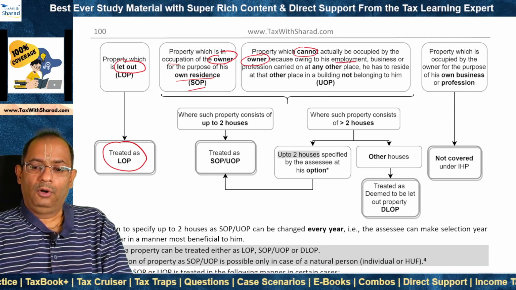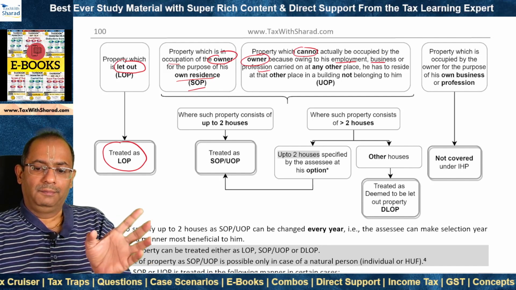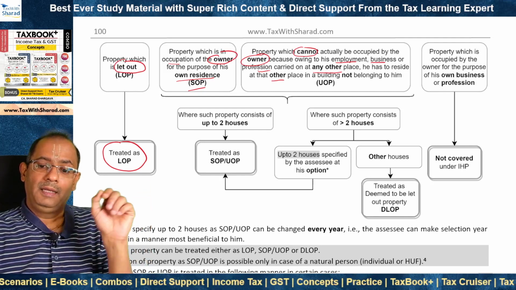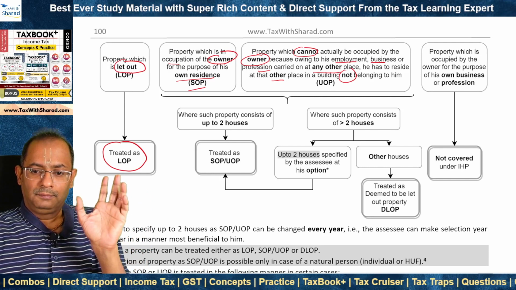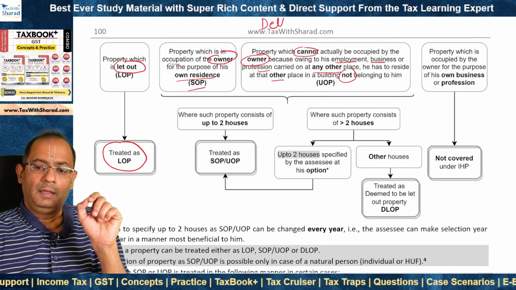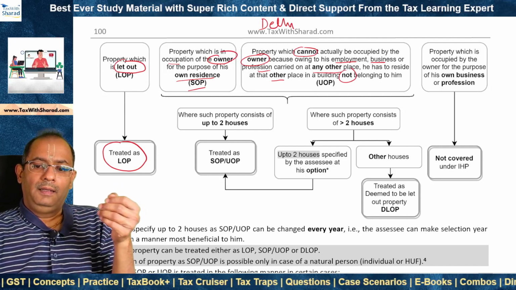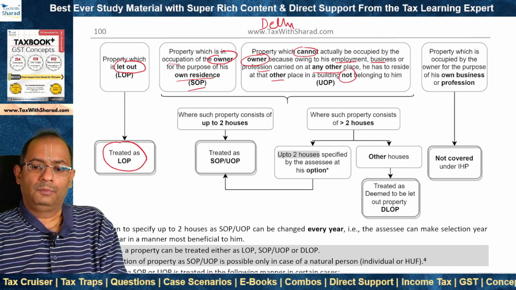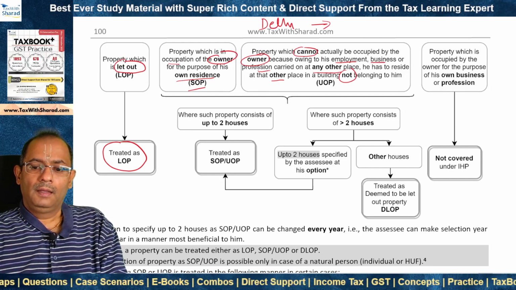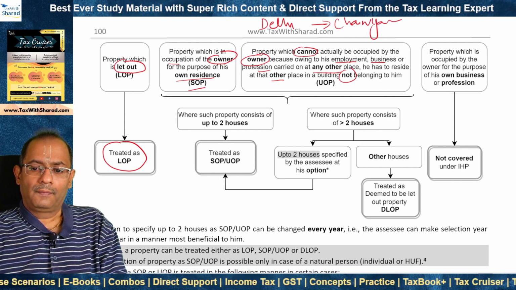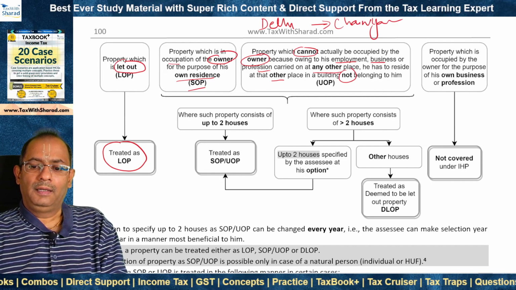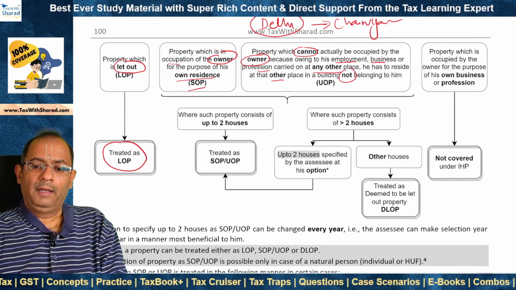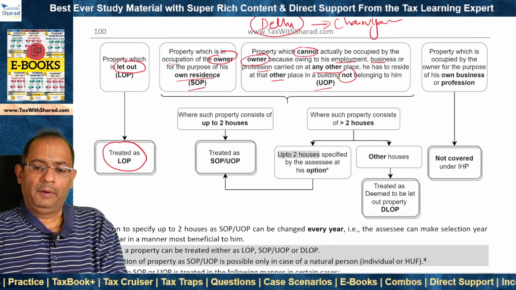Because owing to his employment, business or profession, which is carried on at any other place, he has to reside at that other place in a building not belonging to him. So the owner has a property in Delhi, but he cannot occupy the property in Delhi. Why? Because owing to his employment, business or profession carried on, say, in Chandigarh, he has to reside in Chandigarh in a building not belonging to him. So therefore, the property in Delhi is unoccupied and it is called as UOP or unoccupied property.